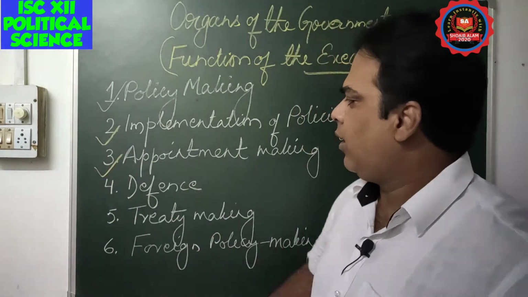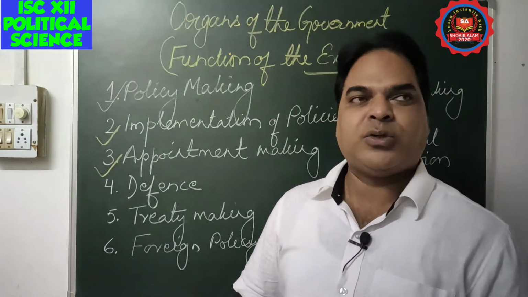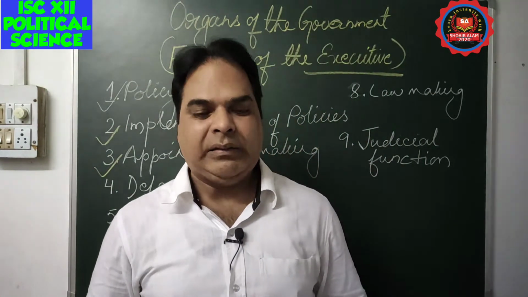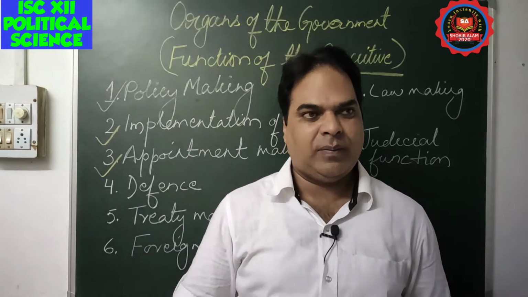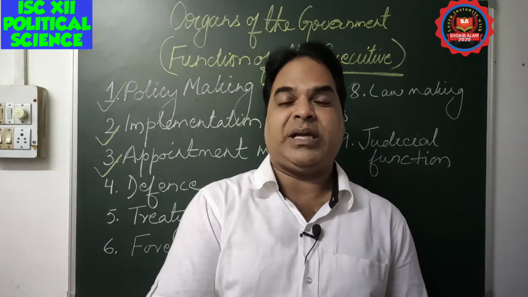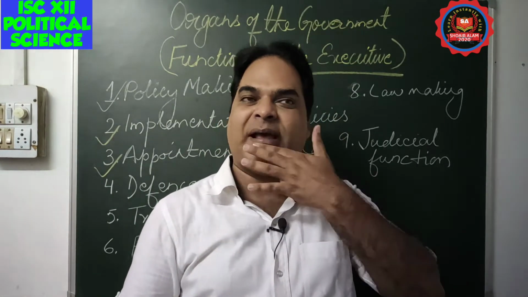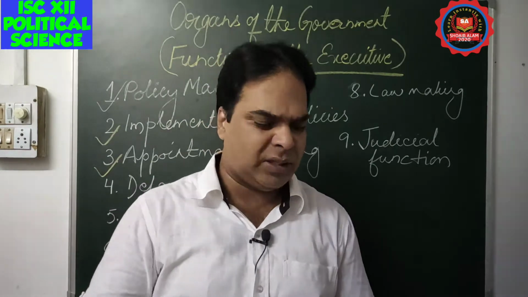That is appointment making. You know that all the high dignitaries of the states are appointed by the president, we say, no? Sometime I might have told you that, but actually you know that the president follows the advice of the prime minister and the council of ministers.